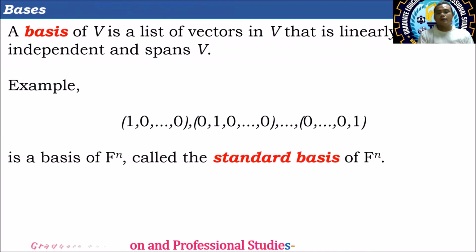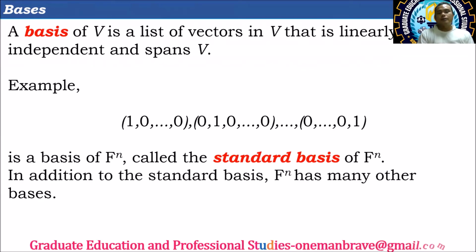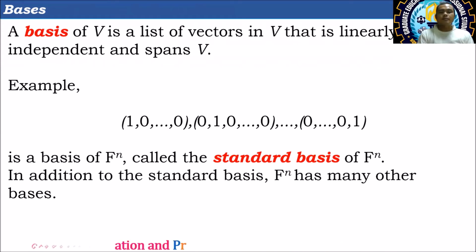Example of that is, of course, we have this kind of example. And that is the basis of F raised to n. And that is called as the standard basis of F raised to n. And in addition to the standard basis of F raised to n, it has many other bases also.